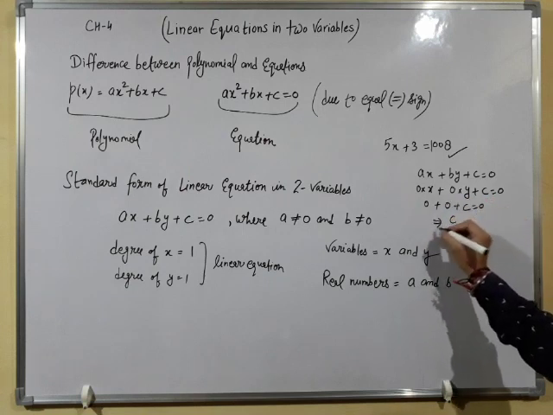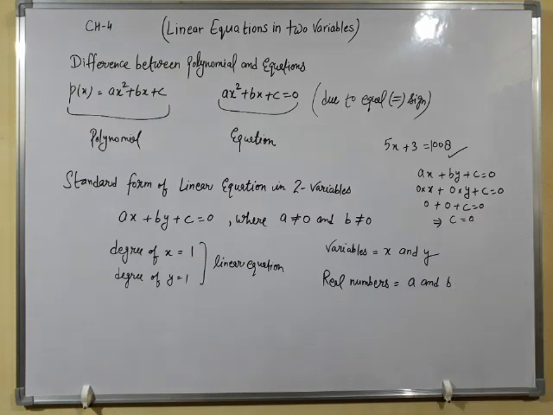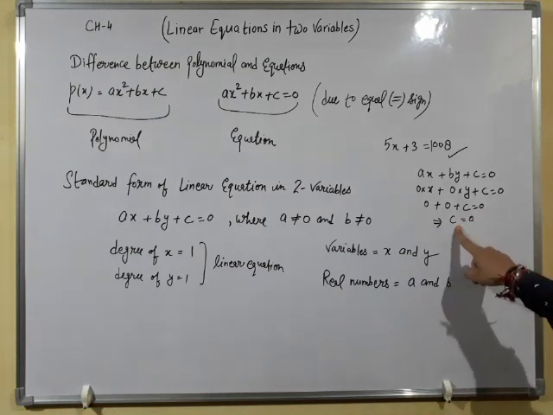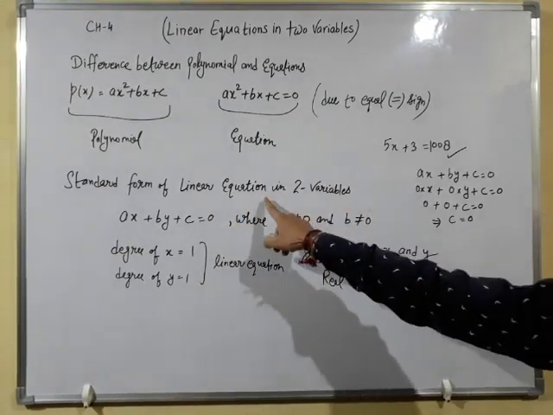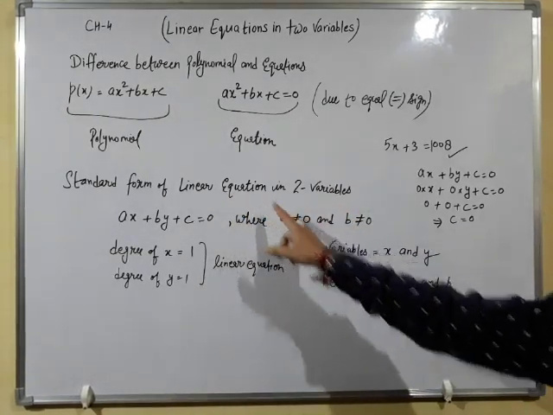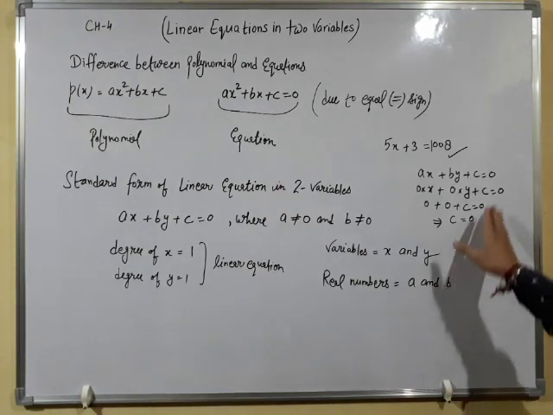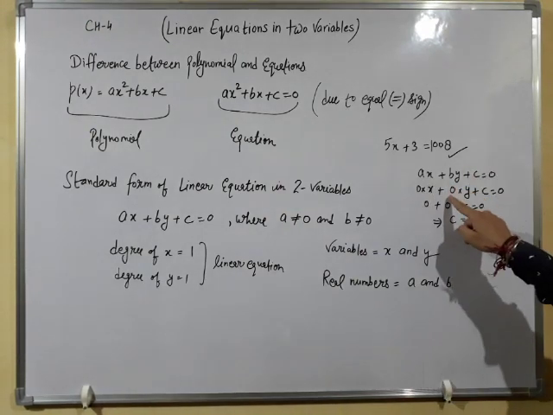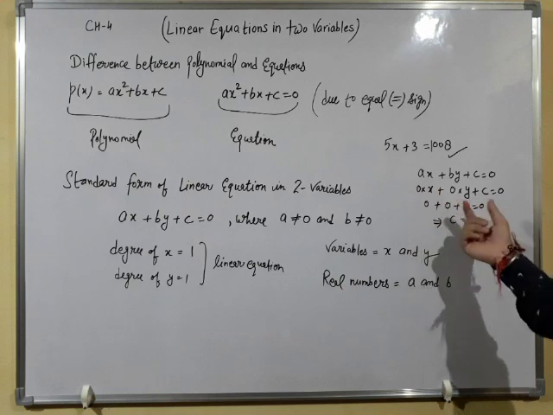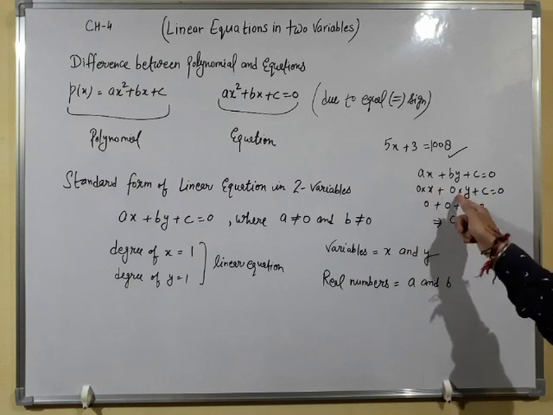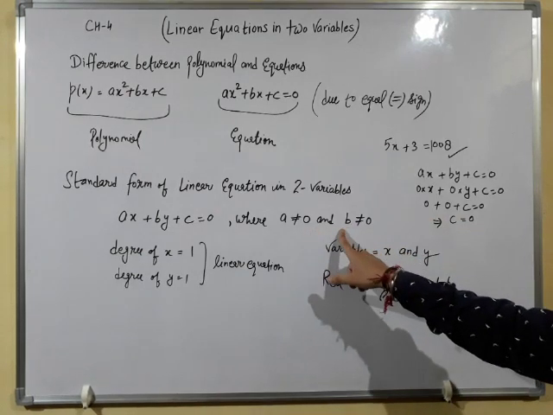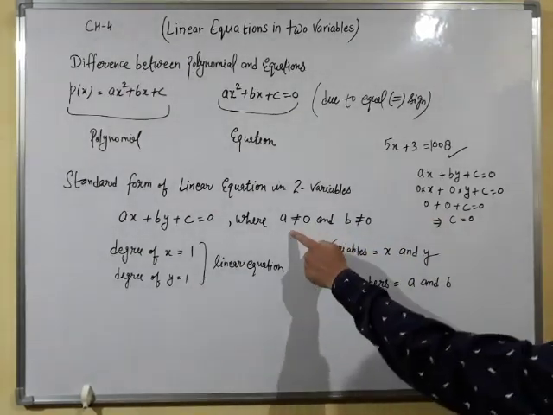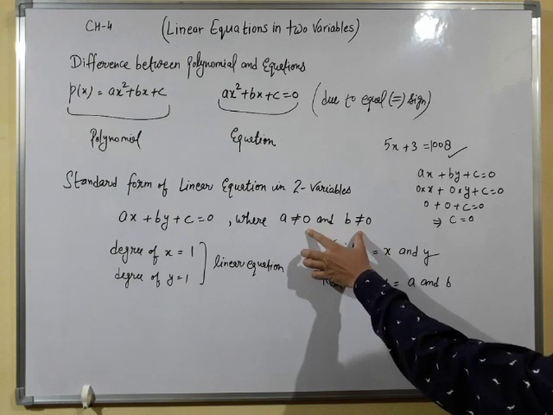Then this implies c equals 0, and this is not a kind of linear equation in two variables. To declare a linear equation, we need variables, and by putting a and b both equal to 0, we have lost both variables. So we can't take a and b equal to 0. Therefore, a and b cannot be equal to 0.